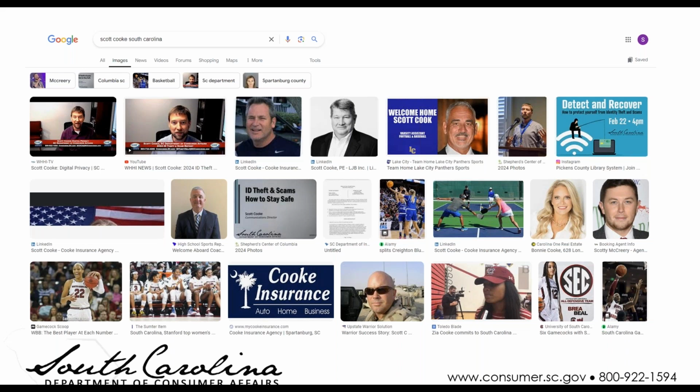And then one of the libraries in Pickens County had my name included on something that they put out with an identity theft and scam presentation we did. But then you also see a lot of other things, an insurance agent that comes up that is not me. On the bottom row, there's an Upstate Warrior success story, not me as well. But again, those are quick things you can do to look online and see what's coming up.